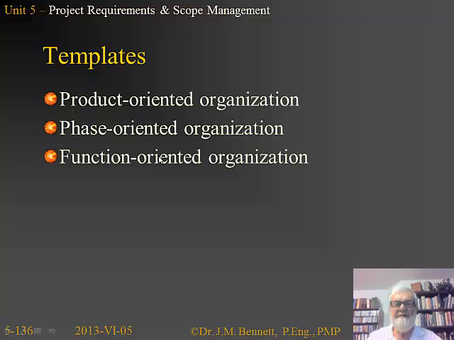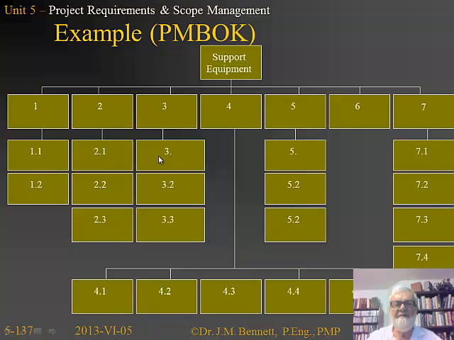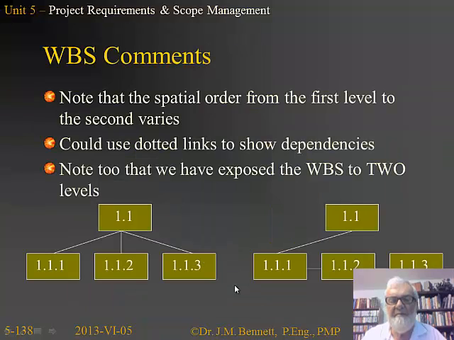Now, in terms of templates, we could have a product-oriented organization, or a phase-oriented organization, or a function-oriented organization. And you can find templates for these on the internet itself. So here, for example, to go back to the airframe example we had before, here are the basically 7 major top-level decompositions of support equipment. And then these are the items under each one here. So for example, under airframe equipment, these are 4.1, 4.2, and they need to be mapped back as we saw before.